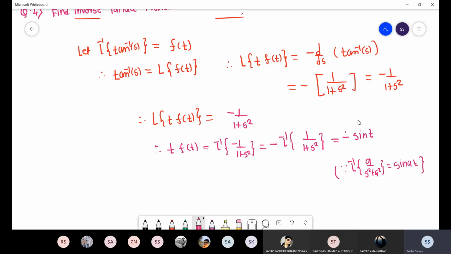And therefore t f of t is minus sin t. But we don't want t f of t, we want f of t, because f of t is the Laplace inverse of tan inverse s. Therefore f of t equals minus sin t divided by t, and that is equal to the Laplace inverse of tan inverse s, as you can see in the first step of this solution.